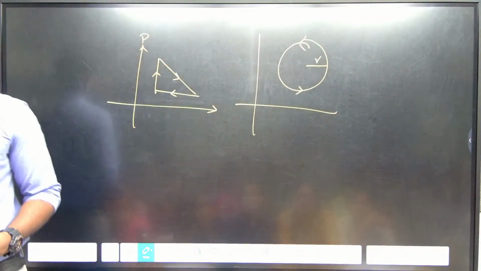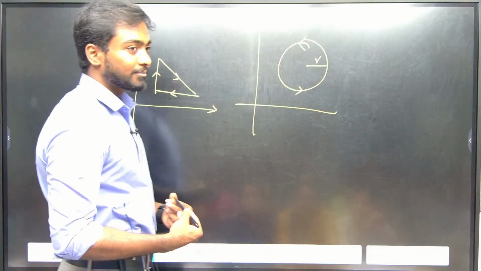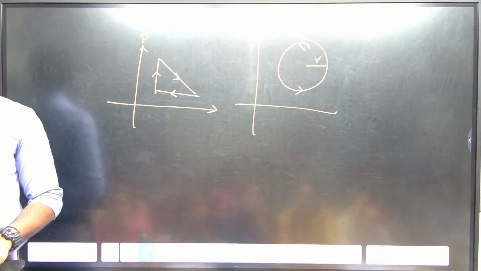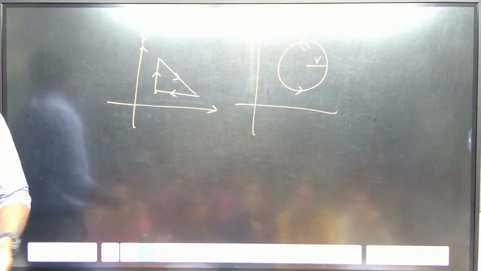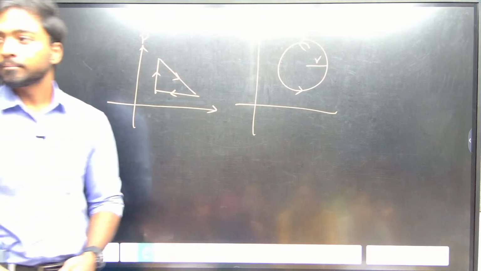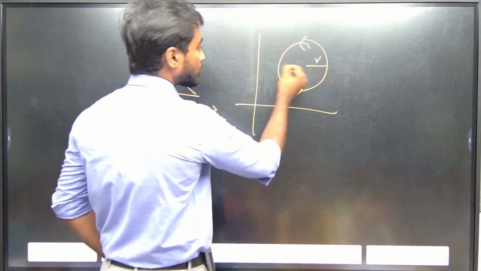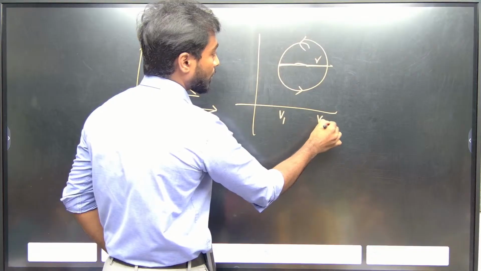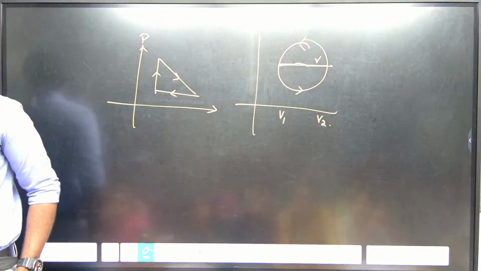Positive or negative? Negative. Is it anti-clockwise or clockwise? Then negative, no? This is volume V1, this is volume V2. Volume is changing, right?